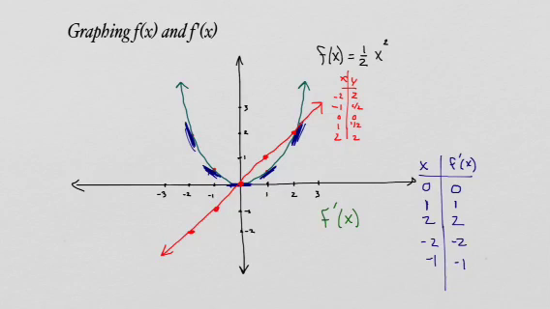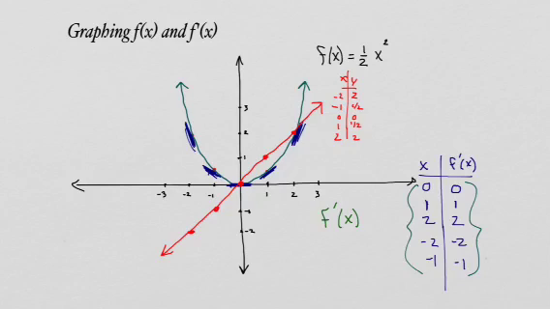So I get this straight line that has a slope of 1, and we should ask ourselves if this makes sense. But before we ask that, I just want to make sure that we're seeing what this is. I have plotted at various values of x, output values that represent the instantaneous rate of change along the parabola.